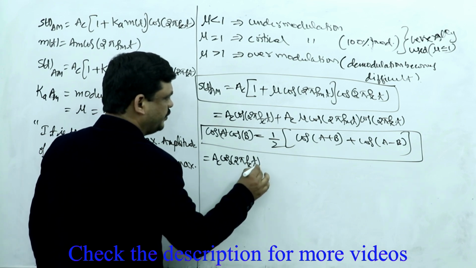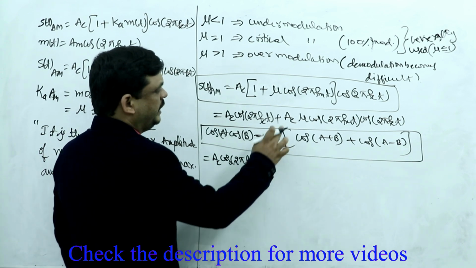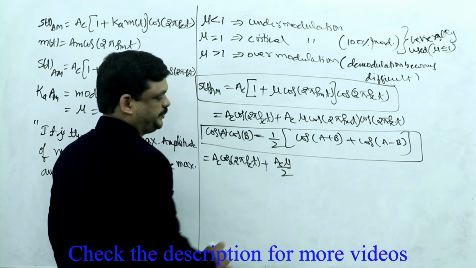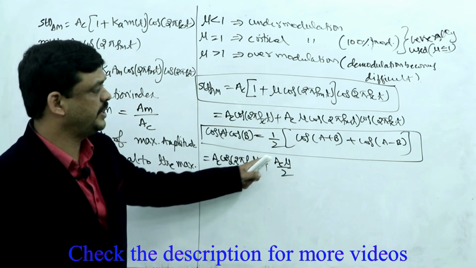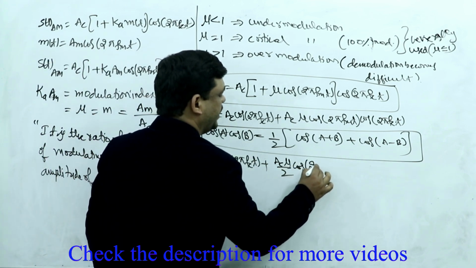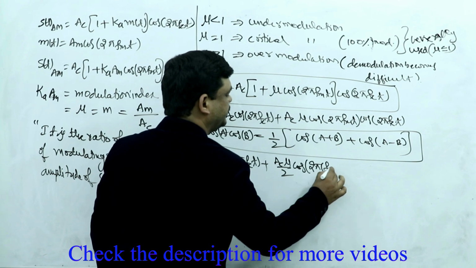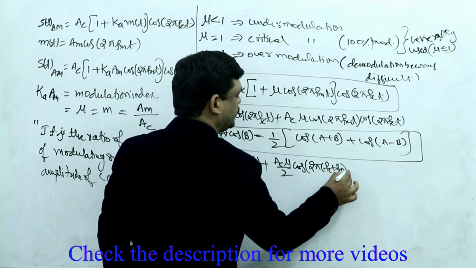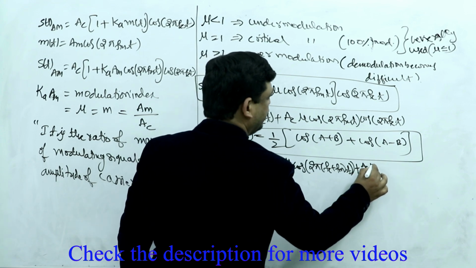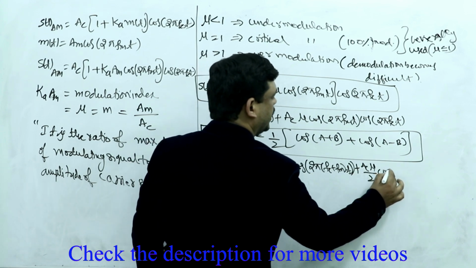So Ac cos(2πfct) plus Ac mu by 2, because 1 by 2 is there, cos(A plus B), which becomes 2π(fc plus fm)t, plus Ac mu by 2 into cos(A minus B).